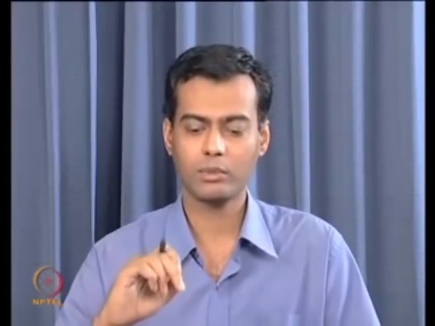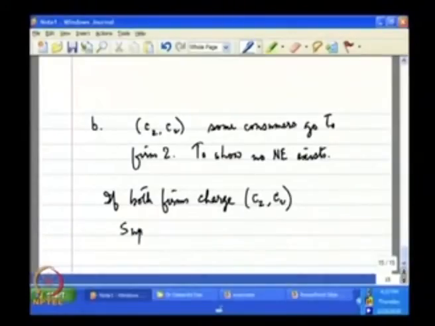In this case, since at least one customer is going to firm 2, this is not a Nash equilibrium, for the reason that firm 1 can do better by charging a price just a little less than C2. Suppose P1 is equal to C2 minus epsilon.